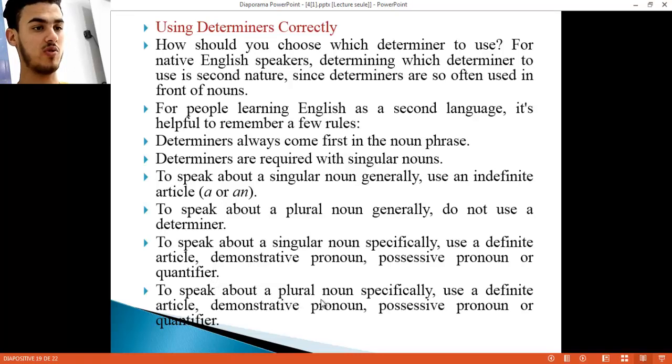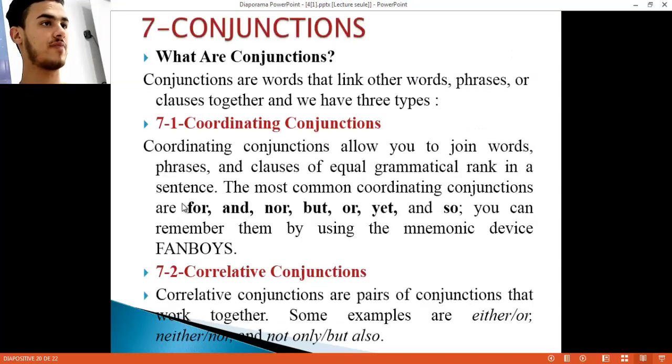So here are some rules about the use of determiners, and when you take them by heart, you will be able to use any determiner correctly.